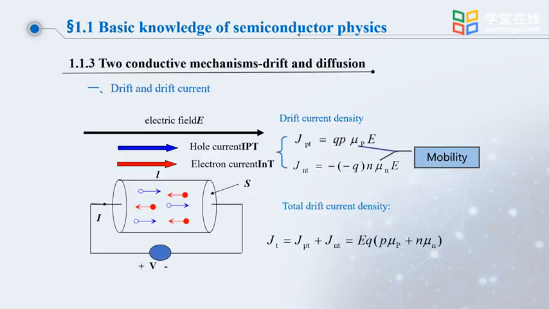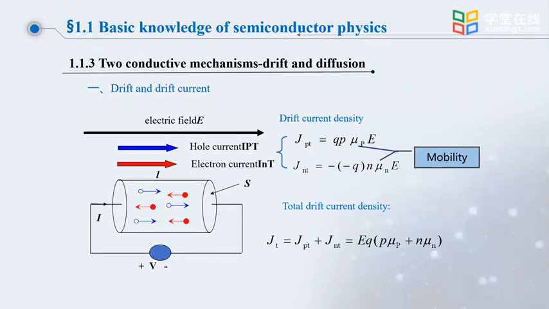There are two conduction mechanisms in semiconductors, which are different from conductors: one is drift, the other is diffusion. Let's first look at drift. Drift is a familiar kind of movement or current. The carriers move directionally under the action of an electric field, forming a current, which we call drift current. Look at the graph below.